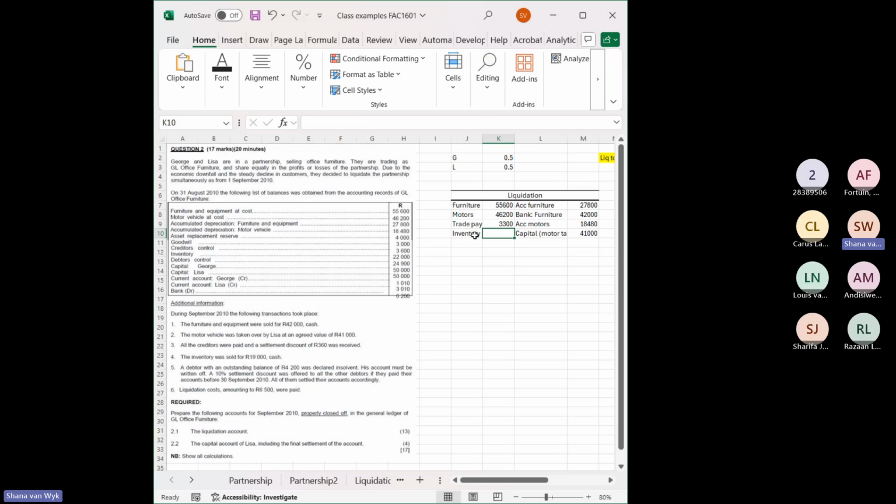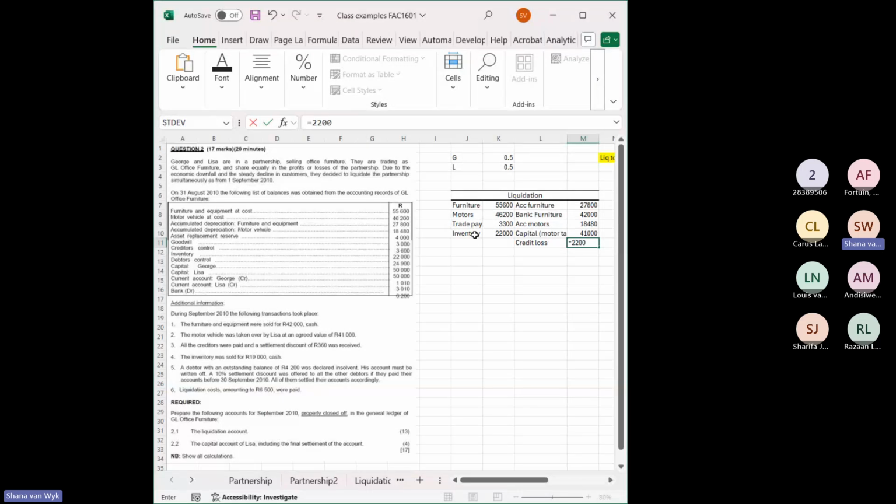But now inventory in the books shows 22,000, but it was only sold for 19,000 cash, which means we're gonna have a credit loss. Bank is debited and the liquidation account is being credited.